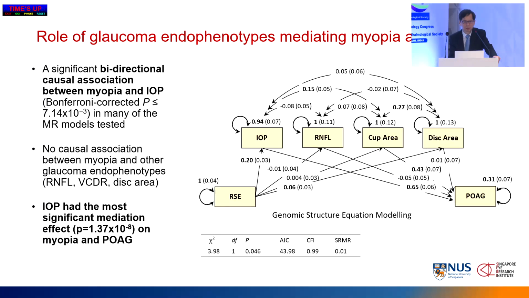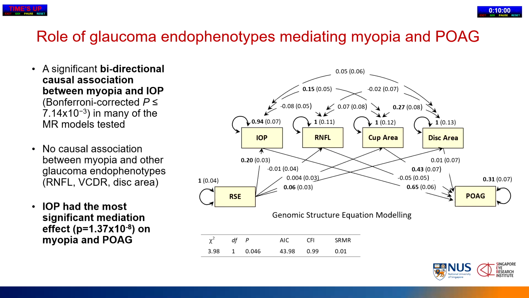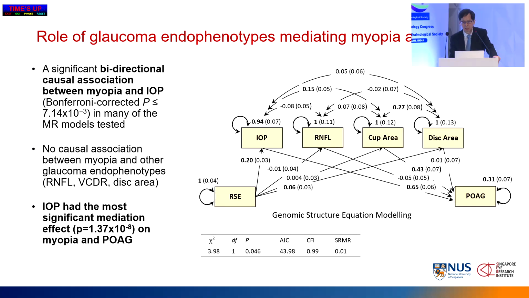And we also did MR analysis on the bidirectional causal association between IOP and myopia. Through the mediation analysis, we showed that IOP had the most significant mediation effect on the association between myopia and open-angle glaucoma. And the effect is much stronger than other variables such as nerve fiber thickness, cup area and disc area, and so on.